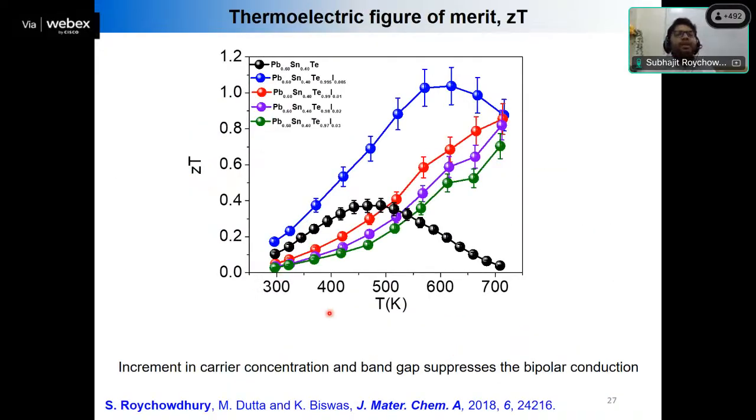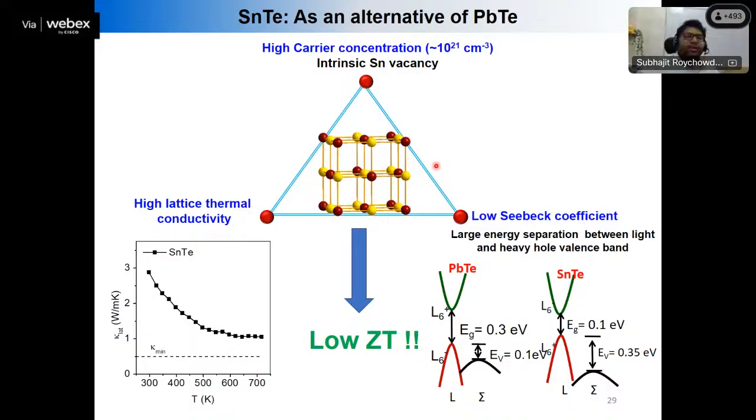At the same time, like the previous way, we observe a good thermoelectric figure of merit in the iodine-doped sample. So now we can say the chemical doping strategy is a very effective way to improve thermoelectric properties of a topological crystalline insulator. Now we'll talk about another topological crystalline insulator material, that is tin telluride.